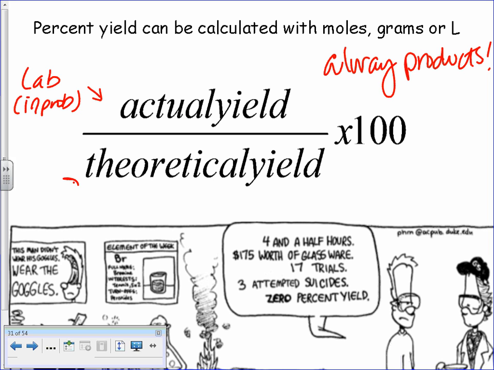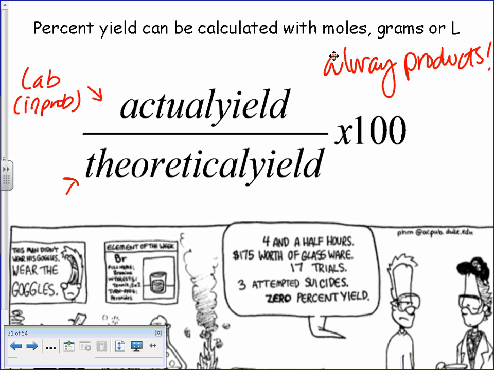Theoretical yield, what did it say in notes for that? The amount that can possibly be recovered. Possibly be recovered in where? In make-believe land, in la-la land. It ain't gonna happen, okay? We are not perfect. We do not get the perfect yield that we think we're gonna get from a reaction. So when I put reactants in, I expect 100% of those reactants to react perfectly in unison, and I expect them to make perfect products, right? Perfect does not exist.